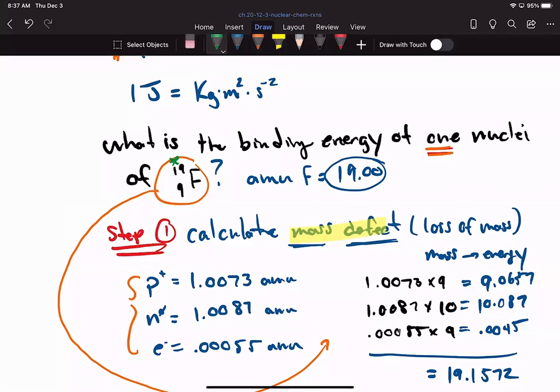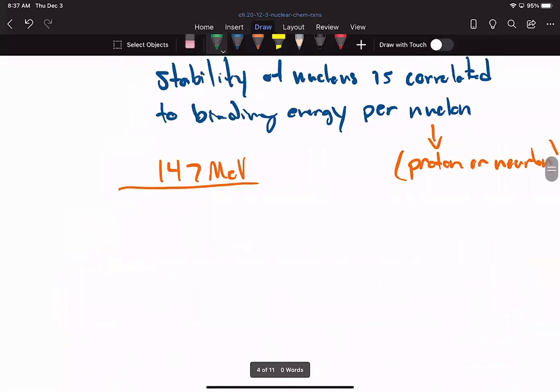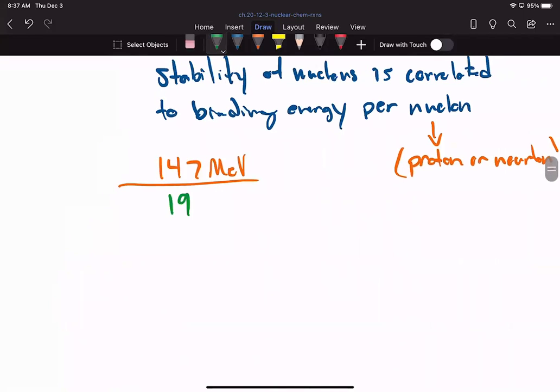So in this particular nuclide, in this particular isotope here, we have 19. We're going to divide it by 19, and this comes out to 7.74 mega electron volts per nucleon.